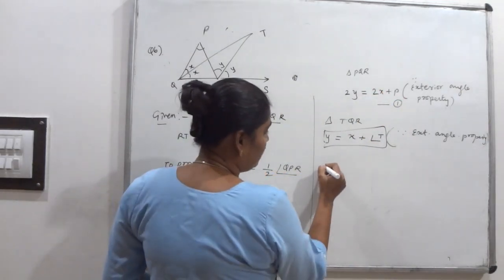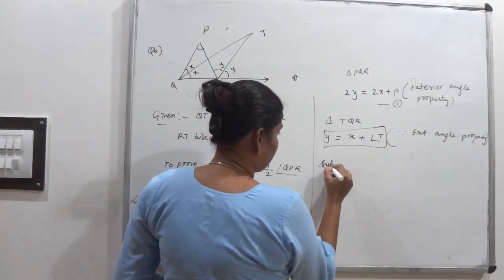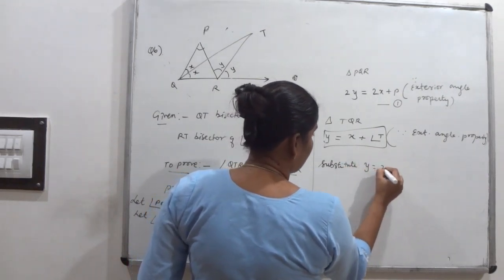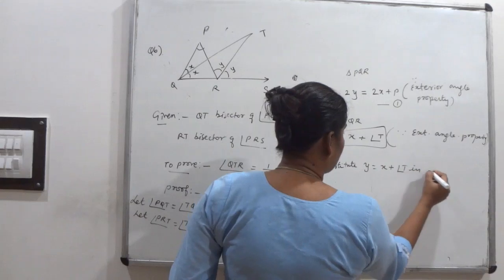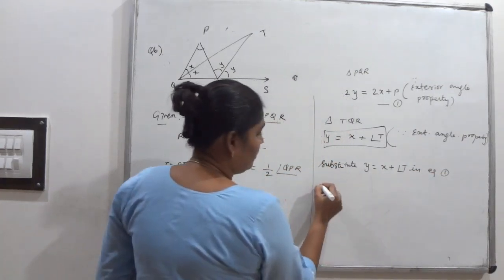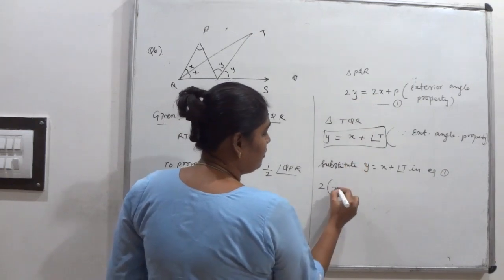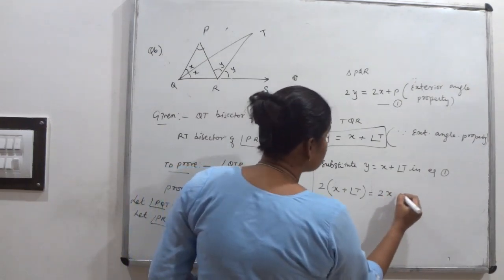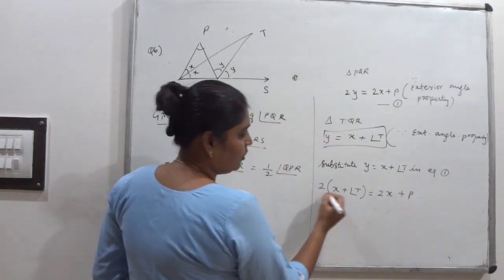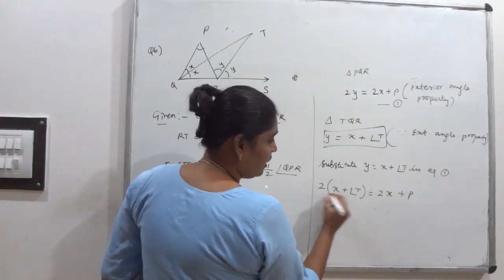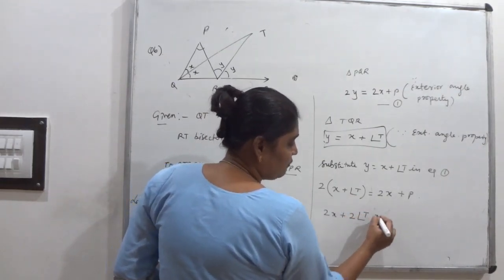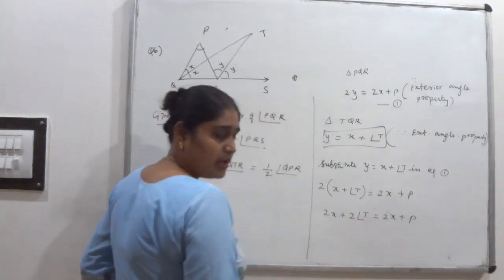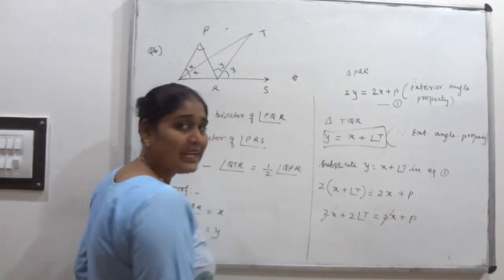So write it, substitute y equal to x plus angle T in equation number 1. 2 into y value, what is the y value? x plus angle T, which is equal to 2x plus P. 2 into x is 2x, 2 into angle T is 2T, equal to 2x plus P. Check LHS and RHS, both sides have 2x, so it will be cancelled out.